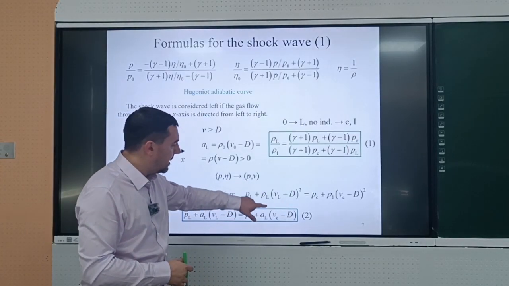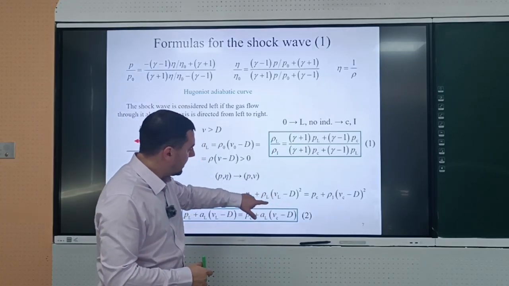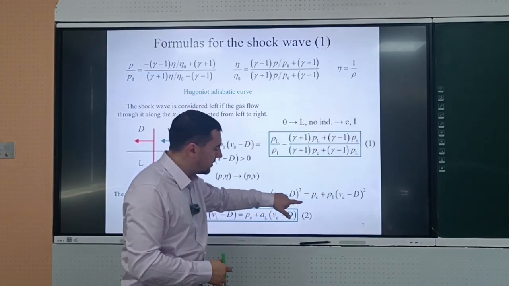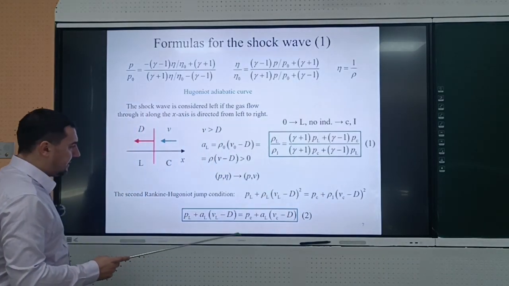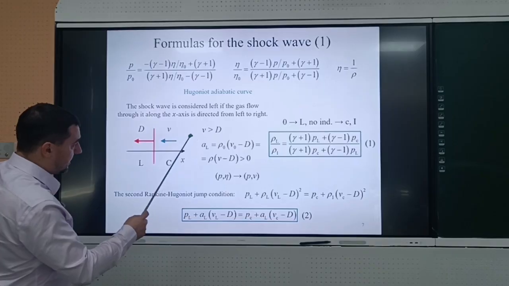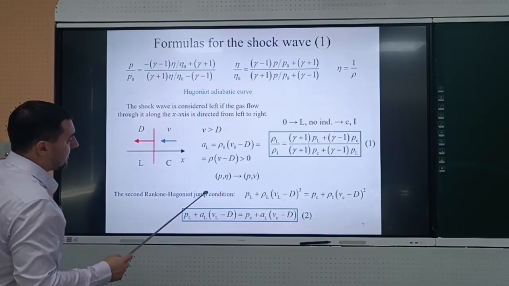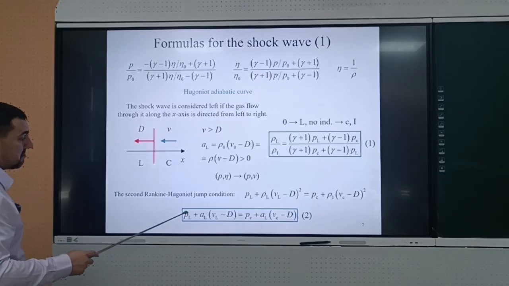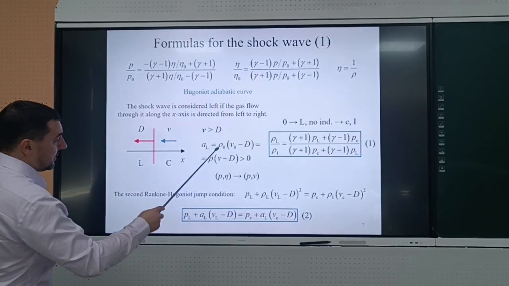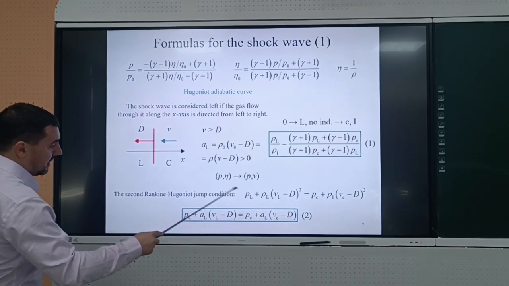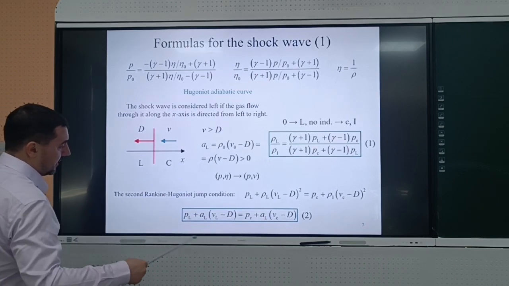This is momentum ahead of, in front of the shock wave, and this is momentum behind the shock wave. Let's use this notation: let's use AL as mass flow velocity. We can just write rho 0 times v minus d equals a and put it here. Then we can get an expression like this one.